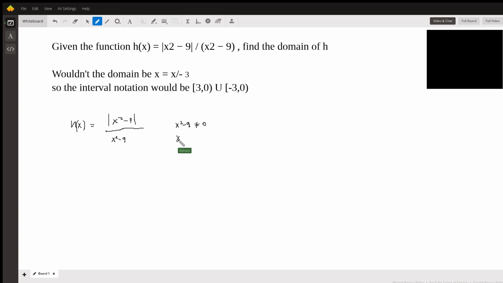And then we factor this, x plus 3, x minus 3 can't be 0. So that means x can't be 3, and x can't be negative 3.